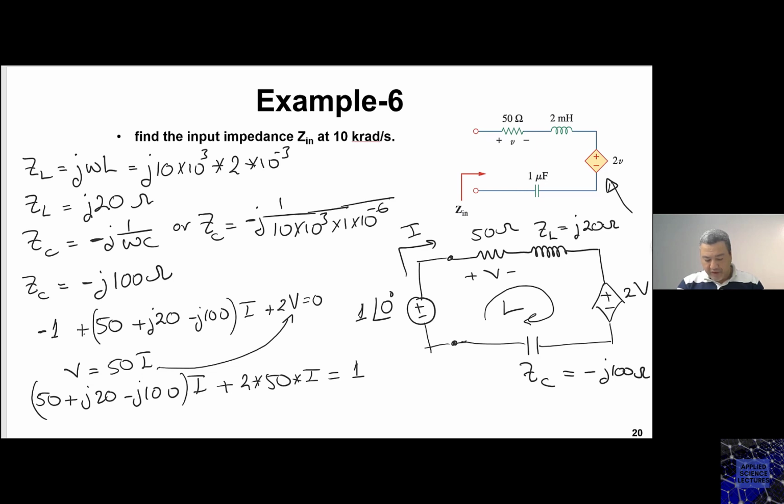Or take I outside, so we have 50, minus J80, and 2 times 50 is 100, is also inside, I equals 1, right?